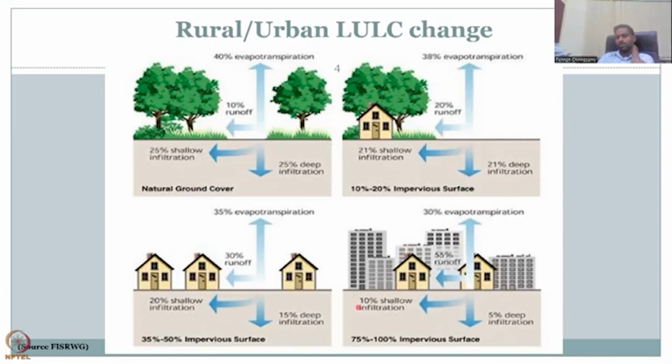Very less water goes into the shallow infiltration and deep infiltration. Again, these are small cracks, small spots where they have rainwater harvesting and stuff. So you have only 15% going into the ground, whereas the 30% evapotranspiration still holds because all the land is now converted to cement cover or impervious cover, and the majority goes as runoff.